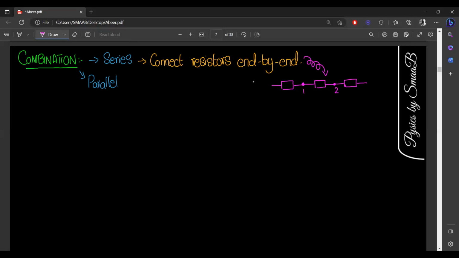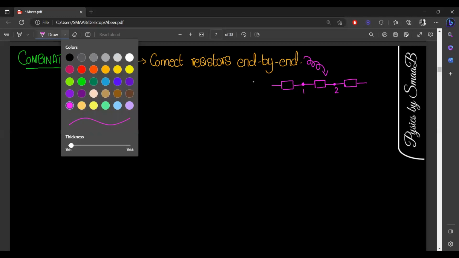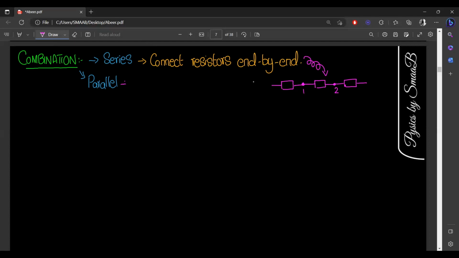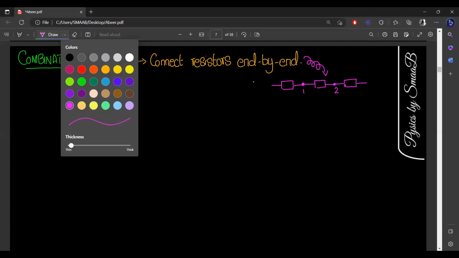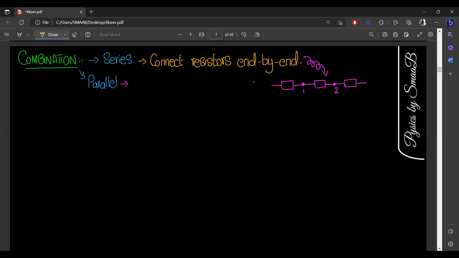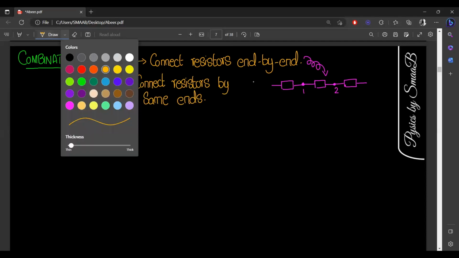Yeah. And if we talk about parallel combination, parallel combination means we need to connect resistors by same ends. So it means that we need to connect the first end of the resistors on a single side.